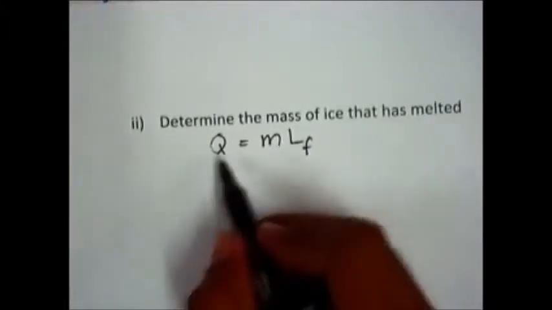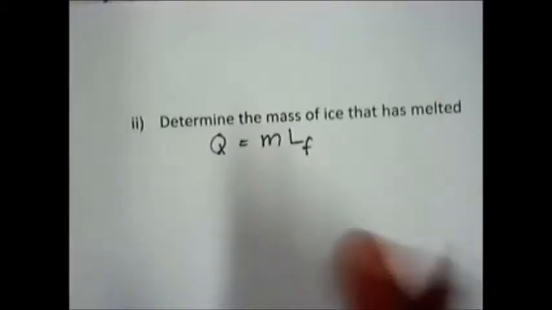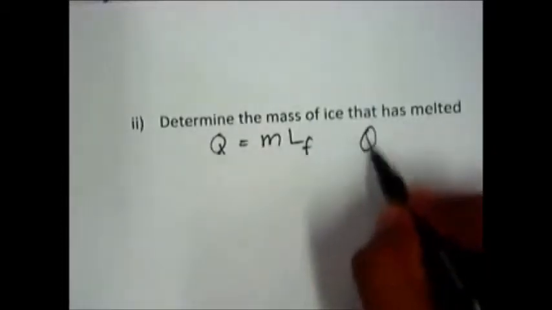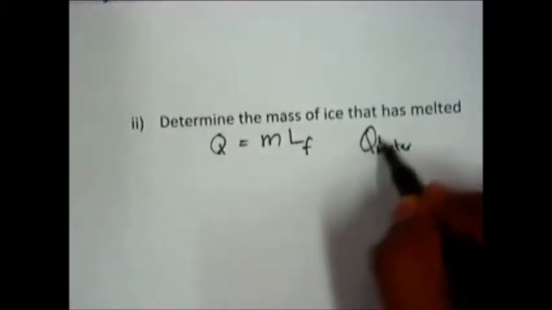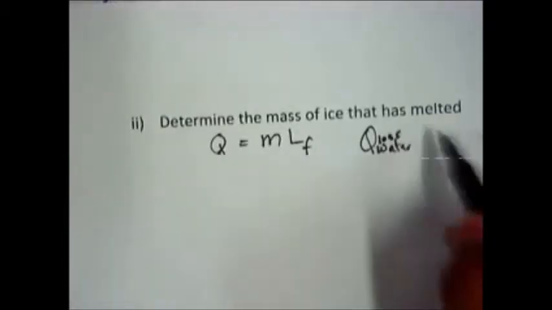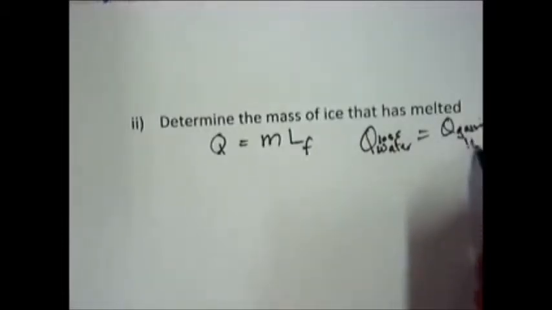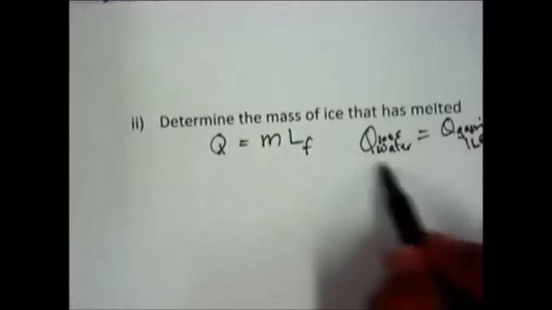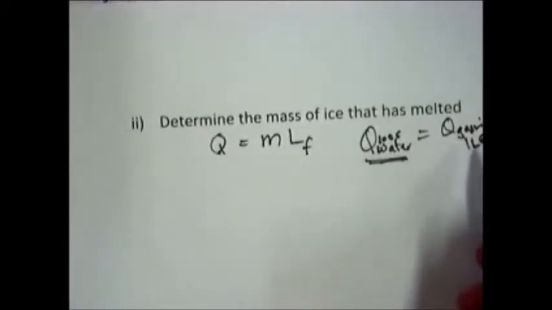But you know the Q is equal to the energy provided by water. The Q lost by water is equal to Q gained by ice. So it is this Q that is causing the ice to melt.